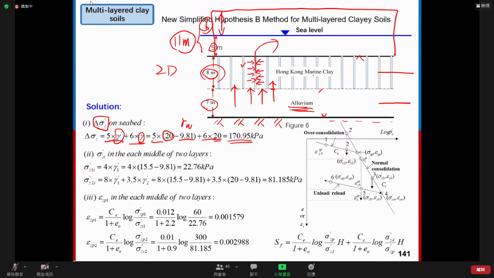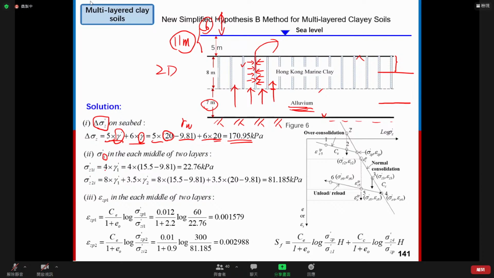Let's see. For the Hong Kong marine clay, the middle point, how can we calculate it? We are going to calculate the initial value, before the sand fill layer is placed. So for the Hong Kong marine clay layer, on top of this middle point we only have half of the layer of Hong Kong marine clay, right?